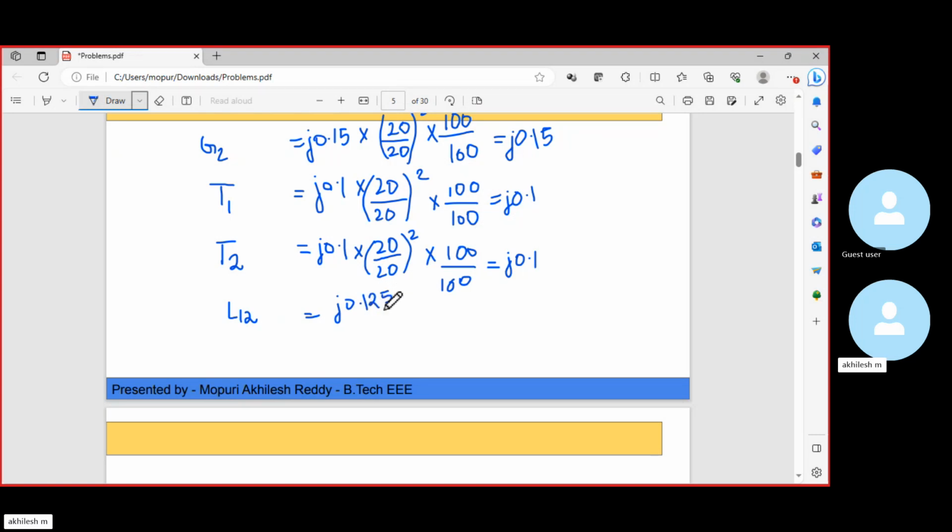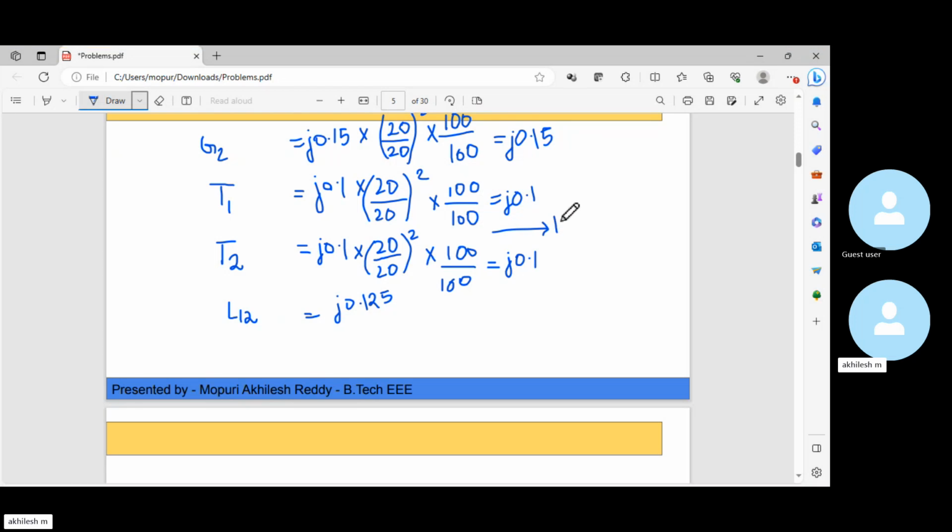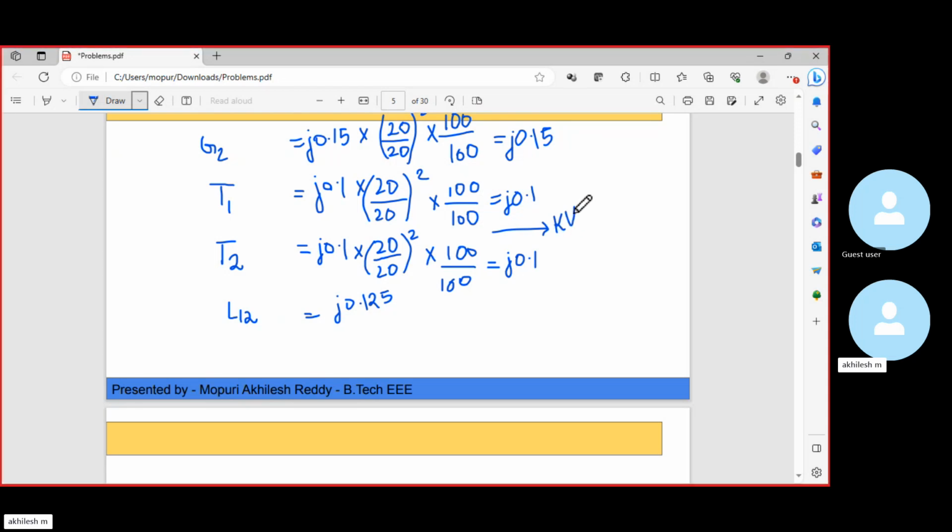After transformer T1, after this voltage transformation, if we apply, kV new will become 200 kV. Why? Because of voltage transformation. We have already seen this in per unit.